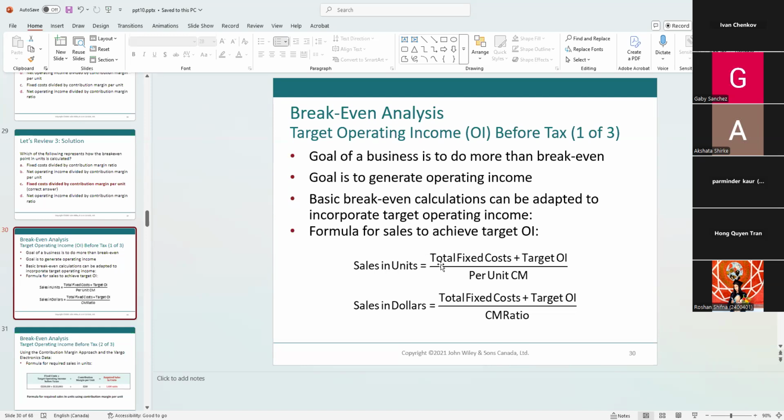I need to add whatever I want to the total fixed cost. So I'm going to use the break-even as a starting point, but whatever I want, I'm just going to add it to the fixed cost and apply the same formula again.